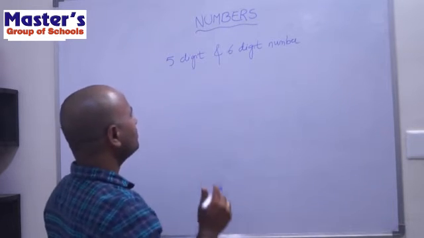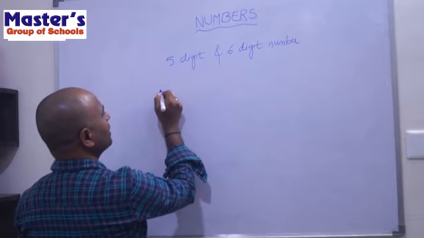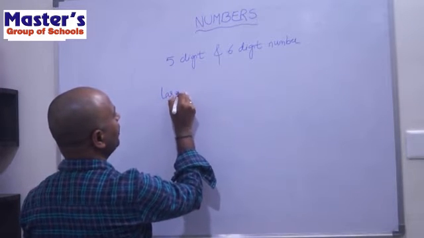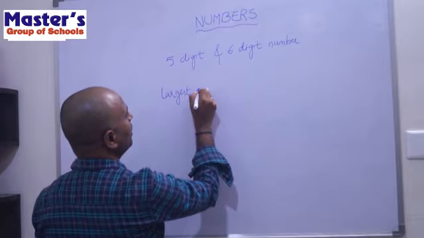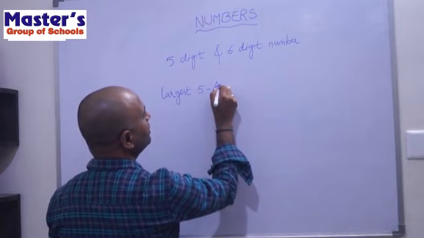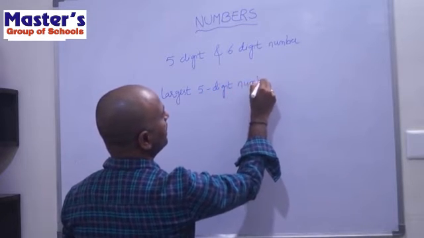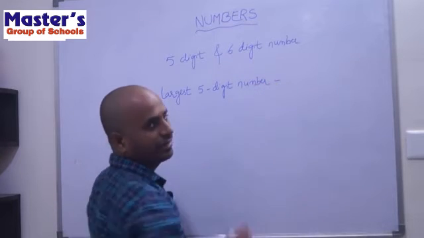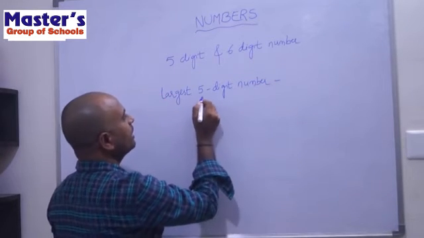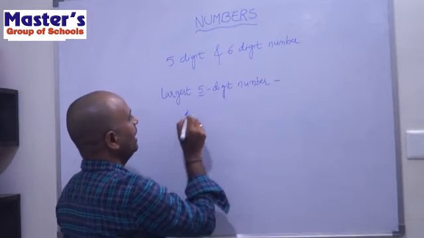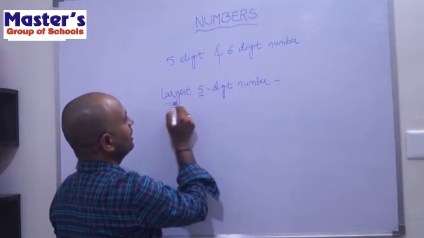Now, what is the largest 5-digit number? The number should contain 5 digits and should be the largest.